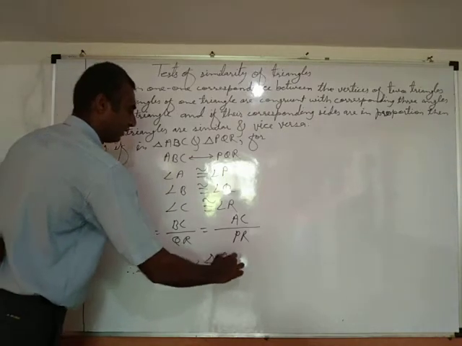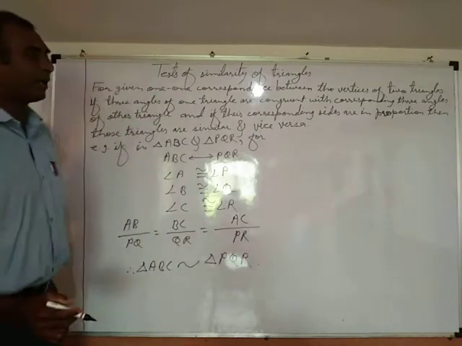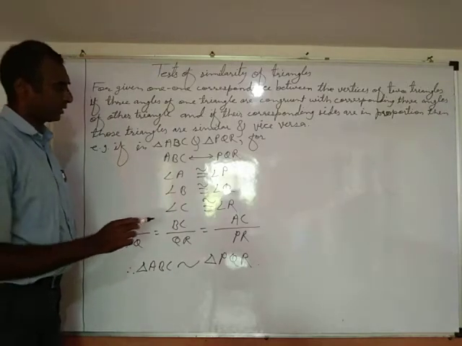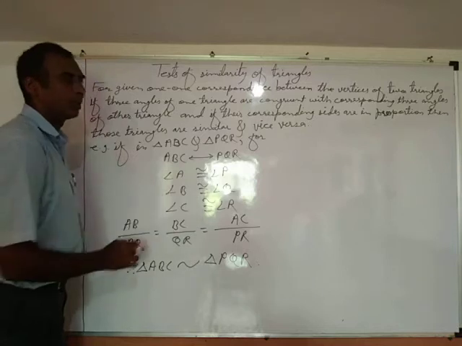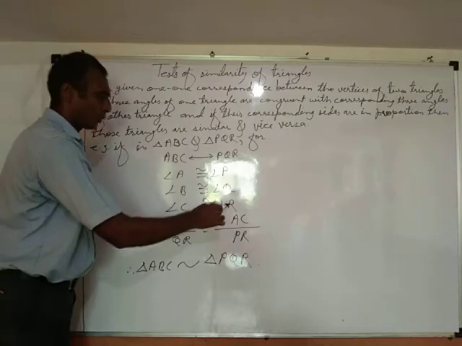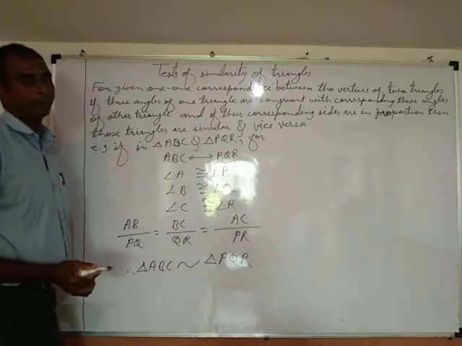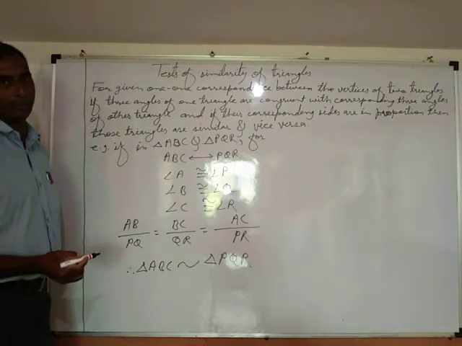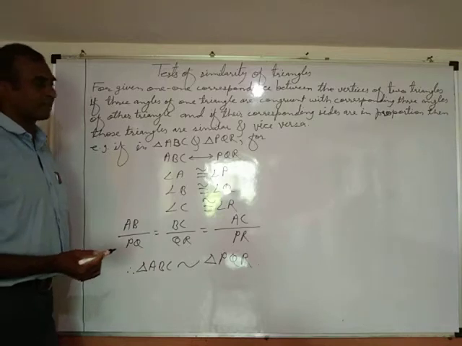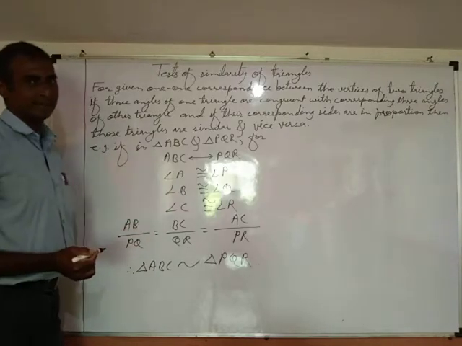with triangle PQR. Now here you may note we have checked 6 elements of one triangle with 6 corresponding elements of other triangle to declare whether triangles are similar or not. But it is not always necessary to check all these 6.